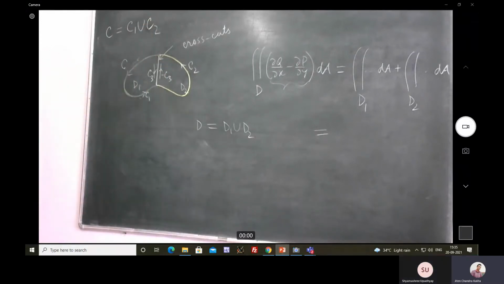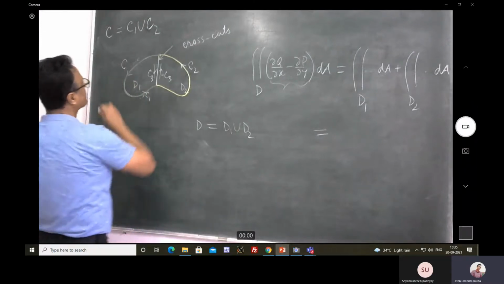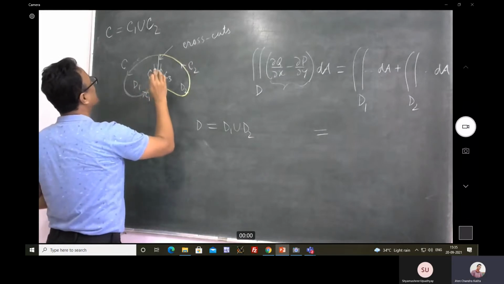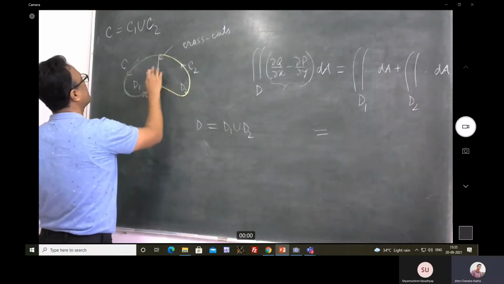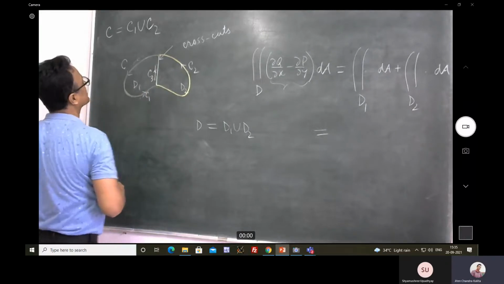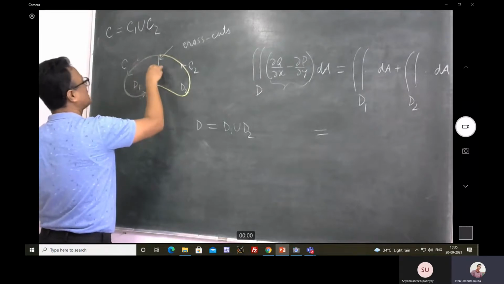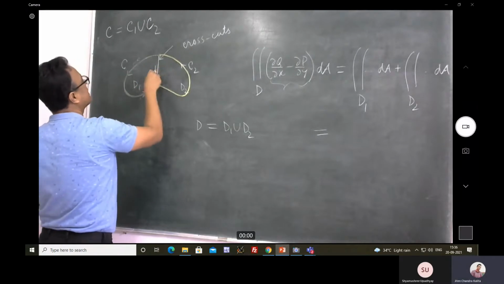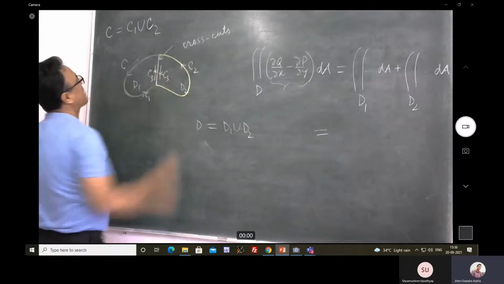Now let us concentrate on D1. Let me call the anti-clockwise direction here C3. It is not necessarily anti-clockwise in general, but for this region it is anti-clockwise oriented. Let this be C3, and the direction opposite to that be minus C3.